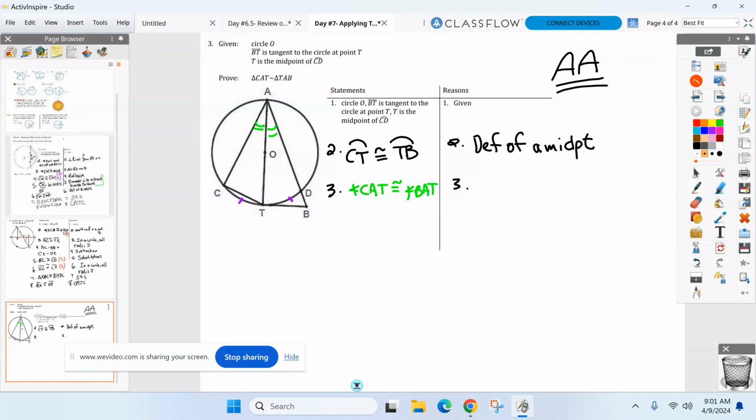Here's your reason. I had congruent arcs, so that's what I'm going to start with. Congruent arcs imply congruent inscribed angles. Don't just write the word angles, be specific. So if I have two arcs that are congruent, the inscribed angles drawn to them are also congruent.